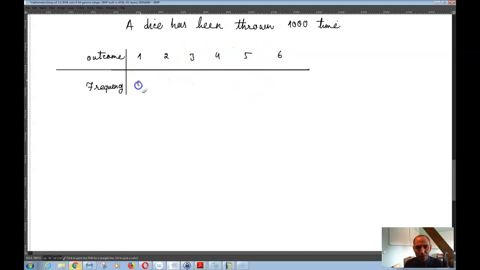And then you have 179, 150, 157, 149, 175, and 190. I think if you add these numbers together, you should get 1,000.